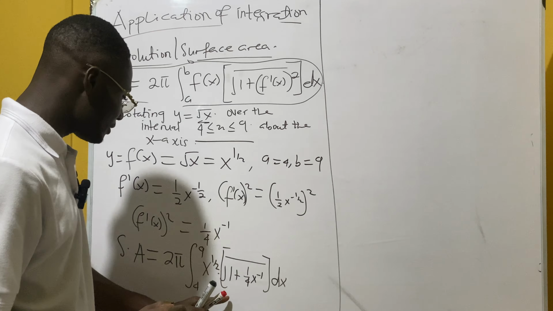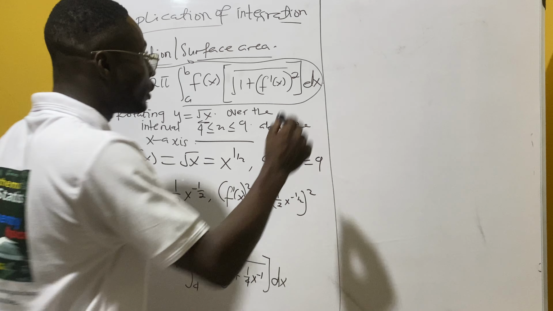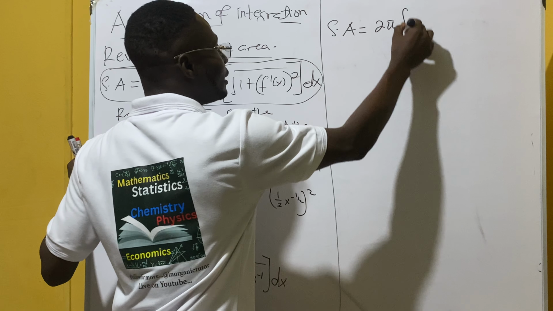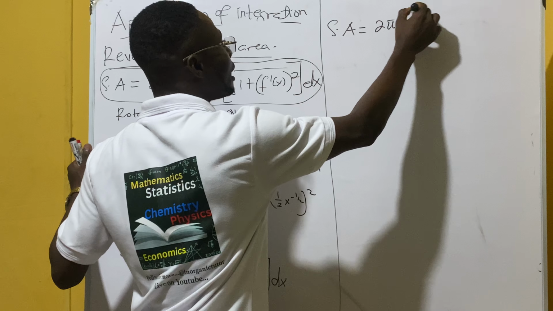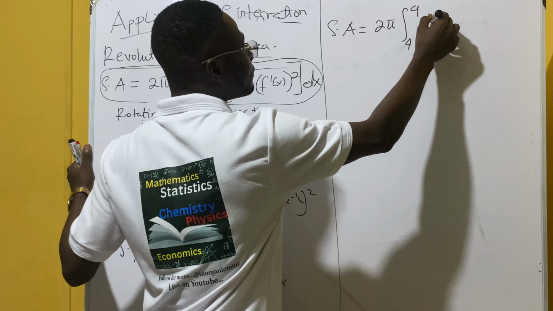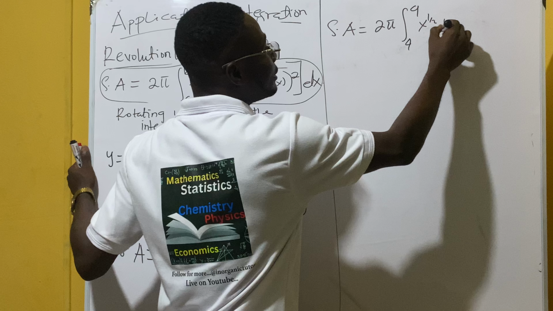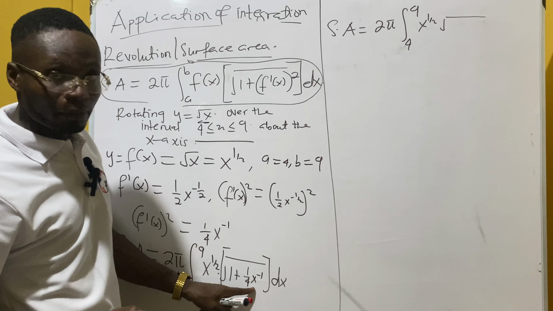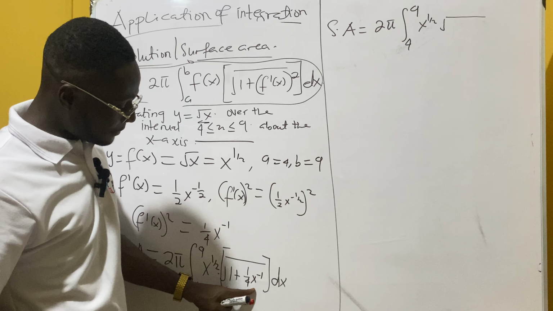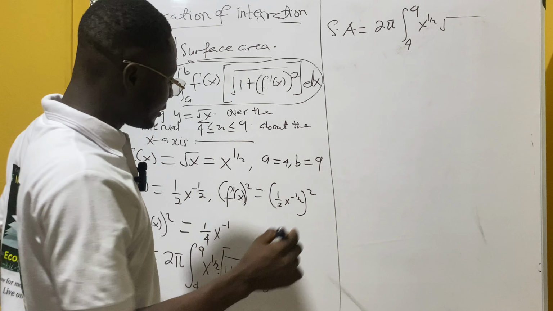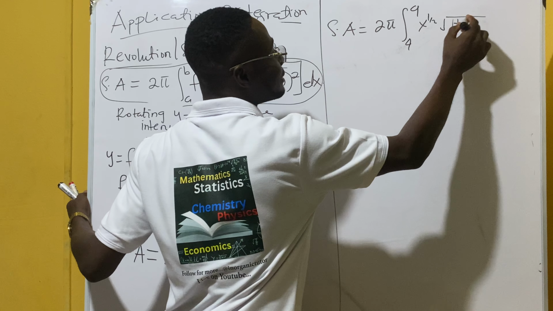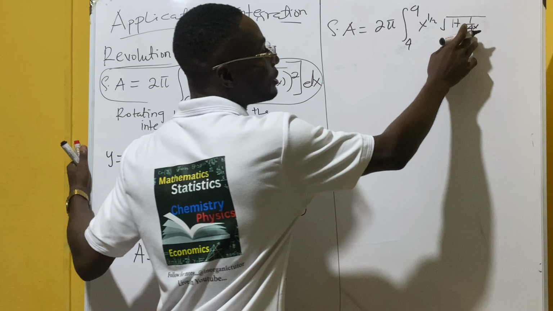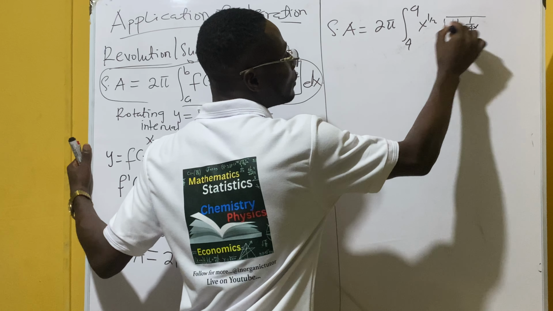Let's consider this function. We're going to have SA equal to 2 pi integral from 4 to 9 of x power half, then the square root of 1 plus 1 on 4 x power negative 1, which is basically 1 plus 1 on 4x.